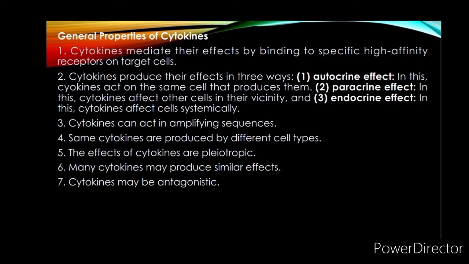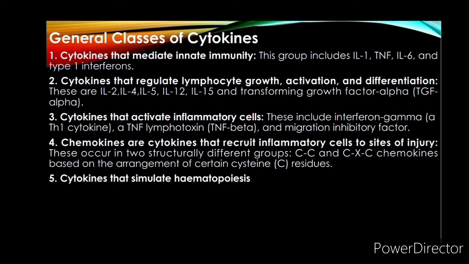So next are the general classes of cytokines. Cytokines can be divided into 5 categories on the basis of their general properties. First, cytokines that mediate innate immunity. This group includes IL-1, TNF, IL-6, and type 1 interferons.